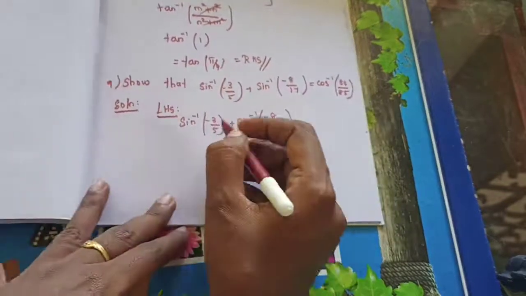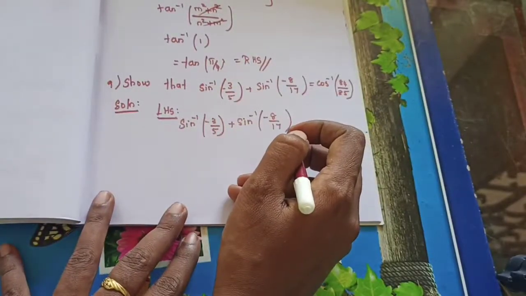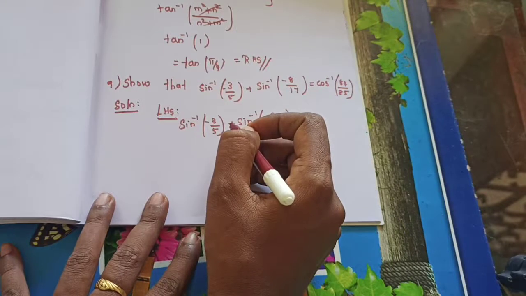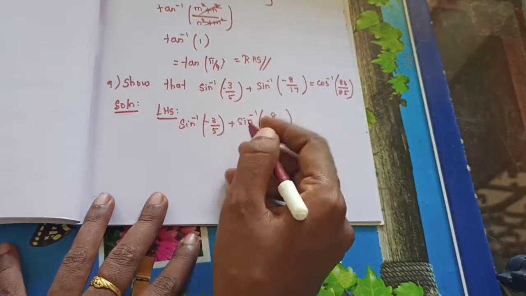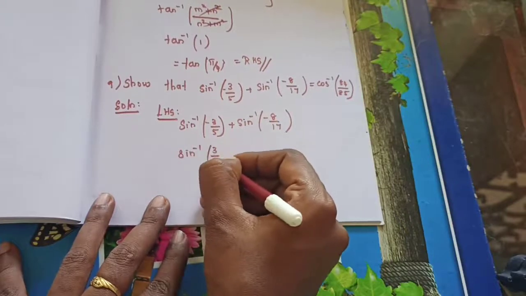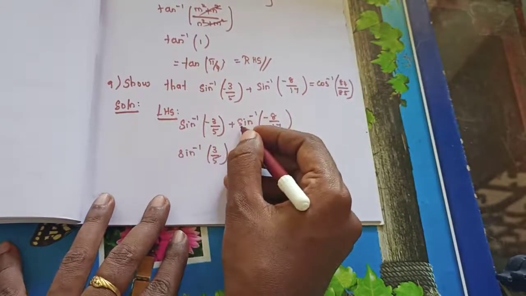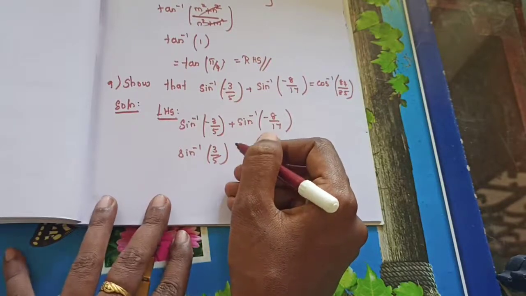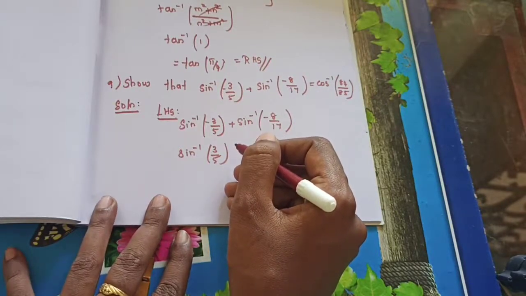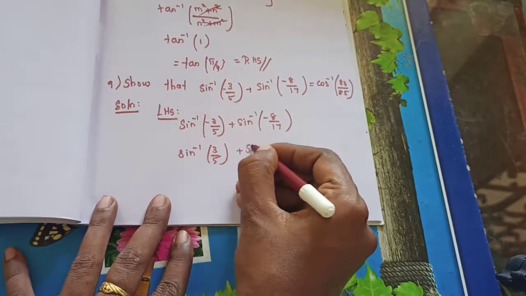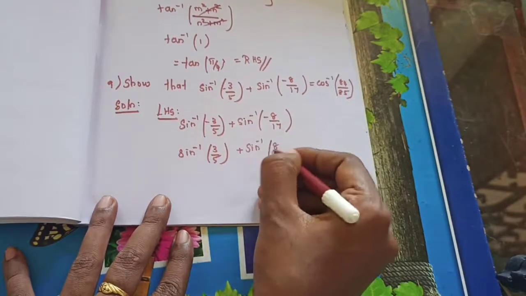So sine is an odd function or even function? Sine is an odd function. So sine of minus means it will change the minus symbol. So sine inverse of 3 by 5, we will take this minus symbol here. Sine inverse of 3 by 5 plus sine inverse of 8 by 17.